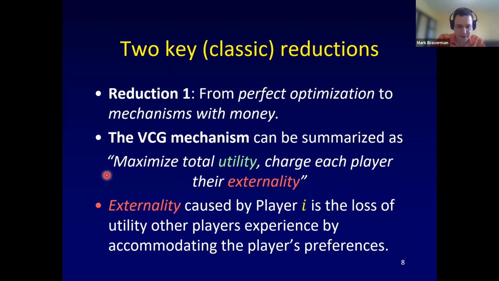We'll define it in the next slide, but the externality is the loss of utility that player i causes on other players. Because player i exists, their preferences need to be accommodated. That causes some inconvenience to other players, which you can calculate, and the externality is the amount of that inconvenience.